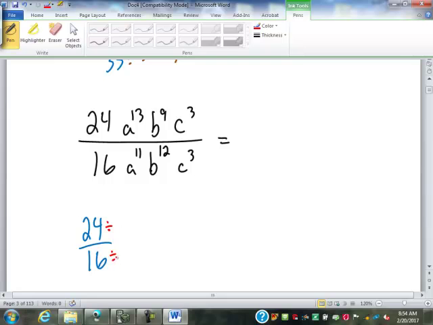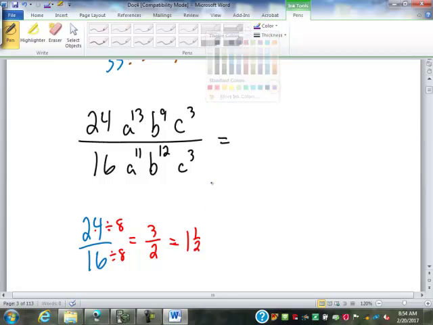Both of those can be divided by what? 8, I heard someone say. 24 divided by 8 is 3. 16 divided by 8 is 2. Normally, if we saw 3 over 2, we'd change it to 1.5, wouldn't we? Here, though, we cannot.